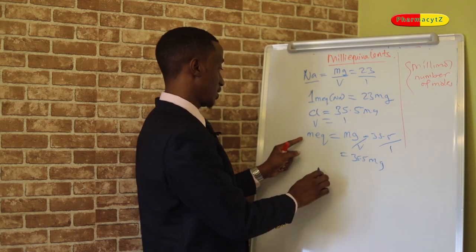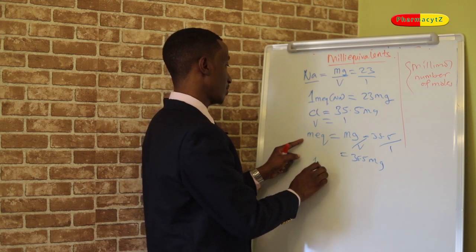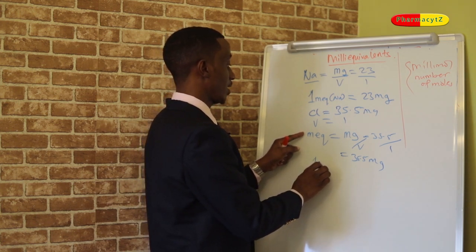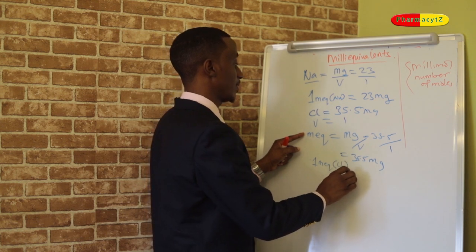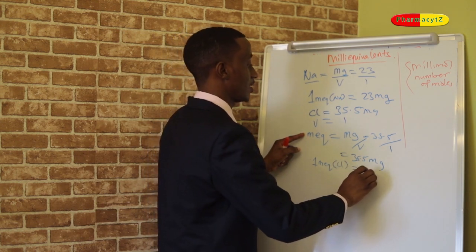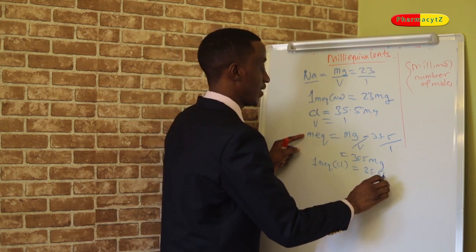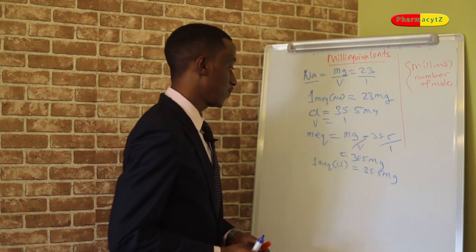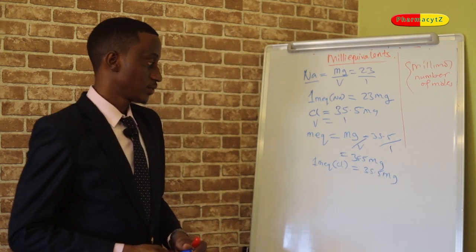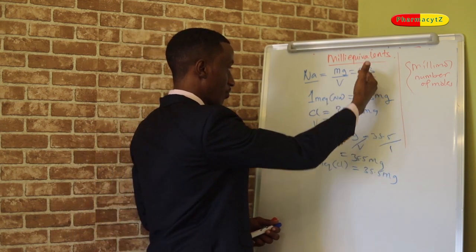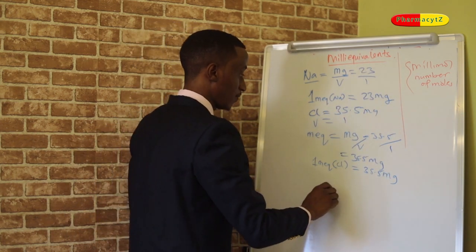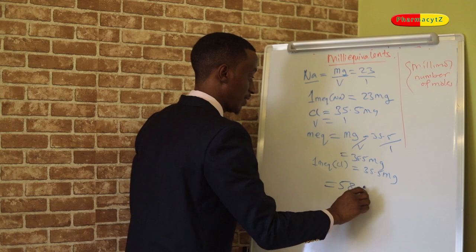To conclude, 1 milliequivalent of chlorine is provided by 35.5 milligrams of chlorine. So the total compound, sodium chloride, is provided by 58.5.